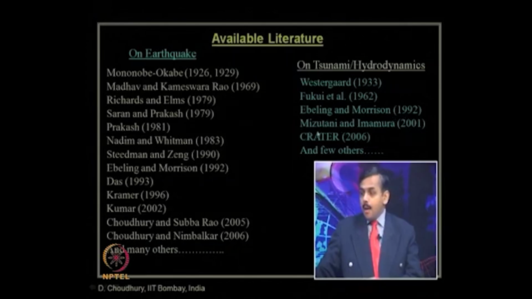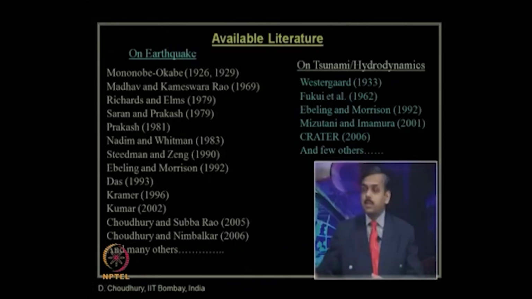Later, Mizutani and Imamura in 2001 also proposed how to design the sea wall with respect to tsunami, and Crater 2006 is a US code which provides guidelines on how to design the retaining wall under tsunami cases. A few other researchers also worked on this.